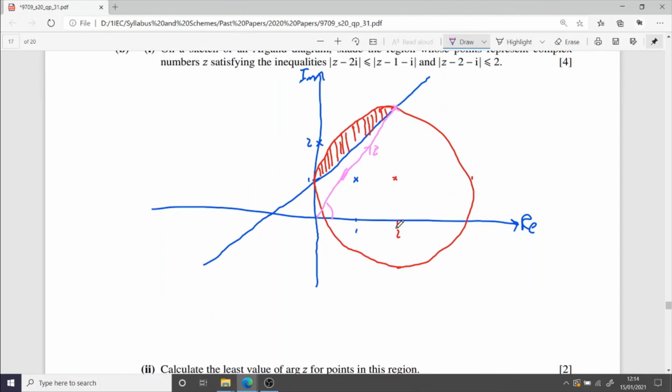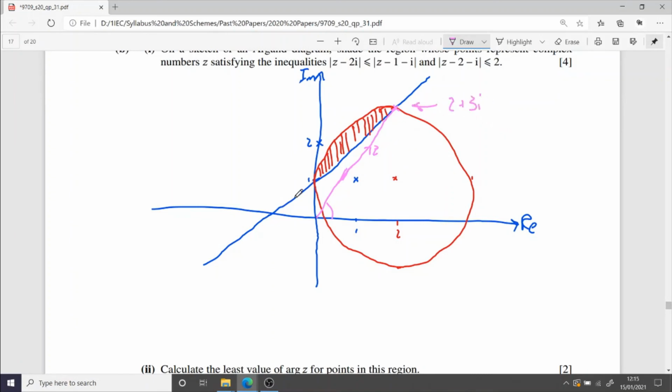So really this is the key point we need to identify. Now from sight it looks like it's directly above where the centre is. I'm just going to verify that that's also on that straight line. So if we think about where the top of the circle is to begin with, that would be where the real component is 2 and the imaginary component is 3. So that looks like the point 2 plus 3i.